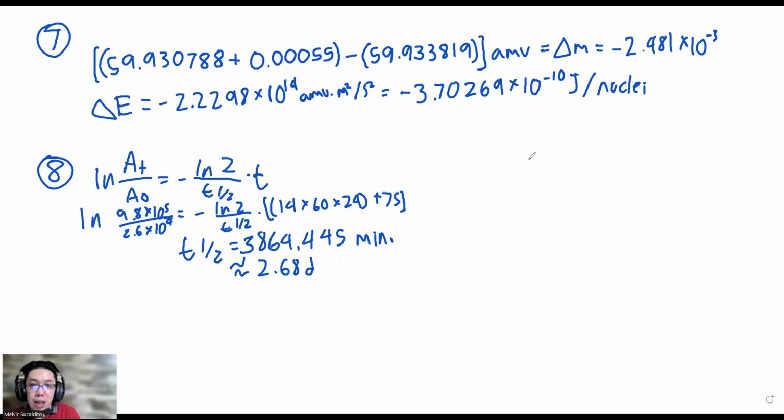So, mag-annotate din ako. So, this is per nucleus and then this is your half-life. So, good. Yung At mo, that will be the 10 to the 5th.